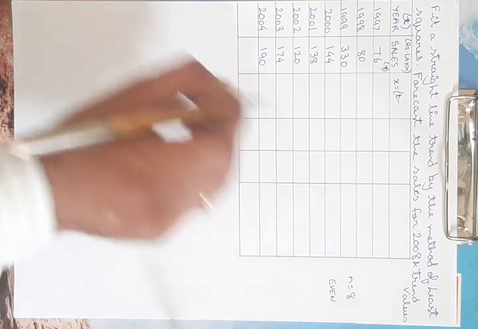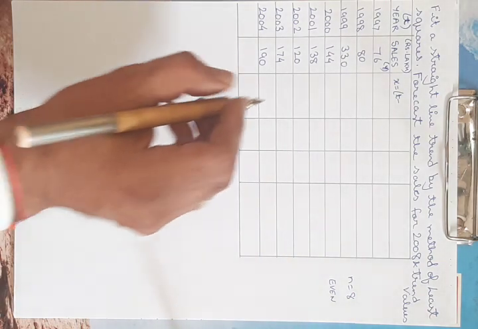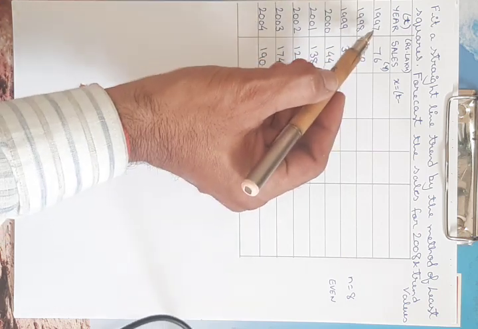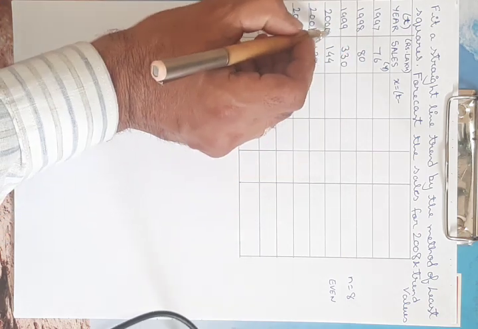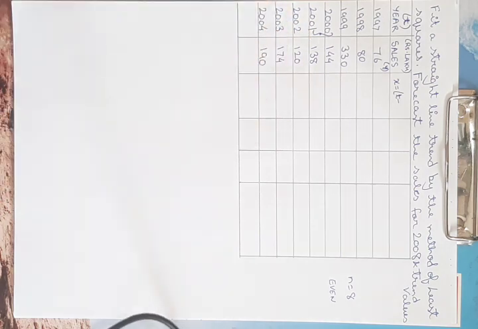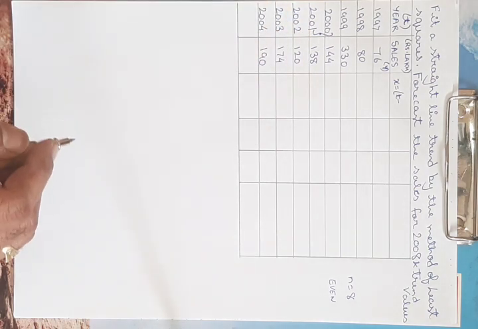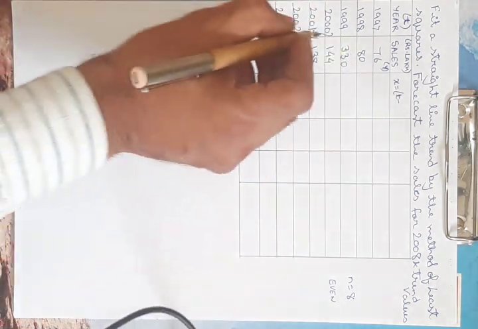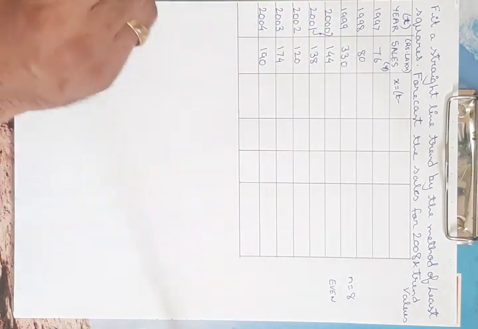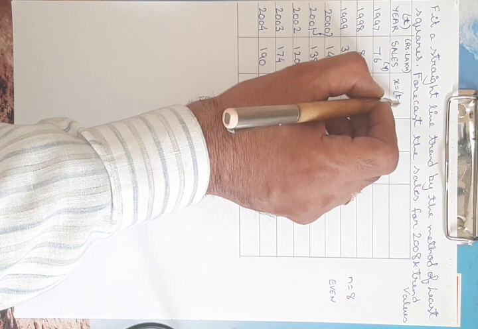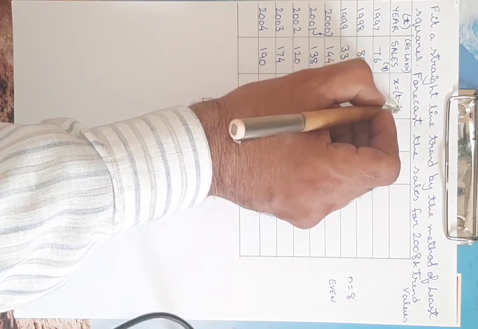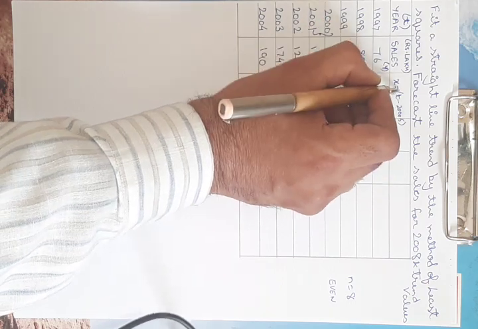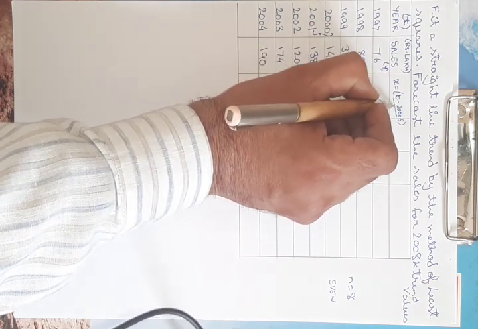For an even number of observations, we need to take the middle value, that is the half of the figure. The middle value will lie somewhere between the years 2000 and 2001. So we take the average of 2000 and 2001, which comes out to be 2000.5, divided by 1 by 2.